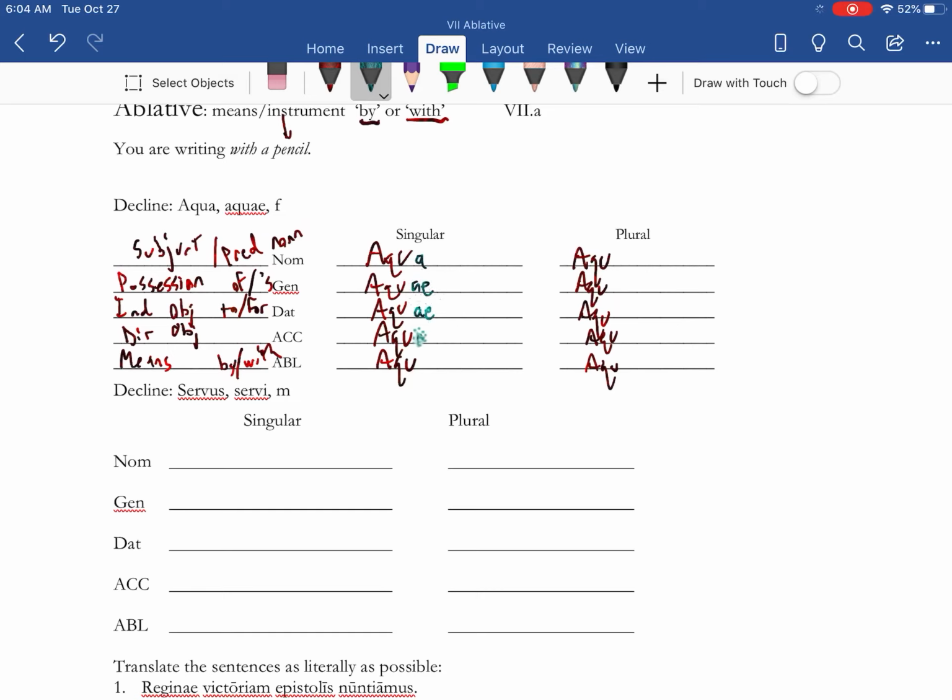AE, AE, AM, A with a long mark, ARUM, IS, AS, IS. And that's the only long mark or macron that is really important, the ablative singular, because that's going to differentiate it from the nominative singular.